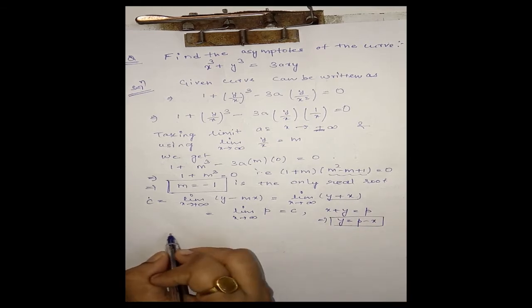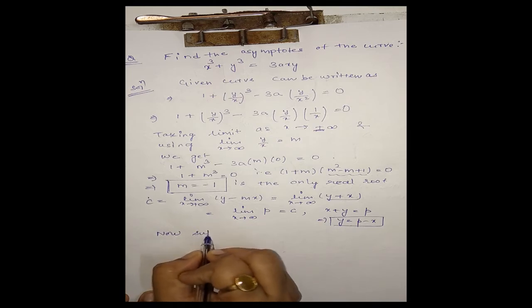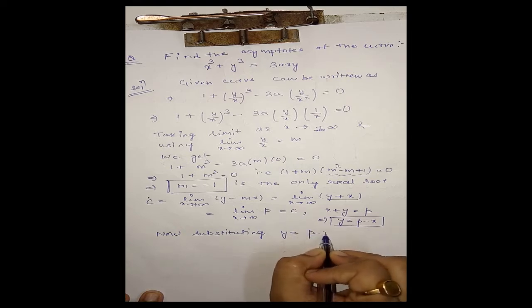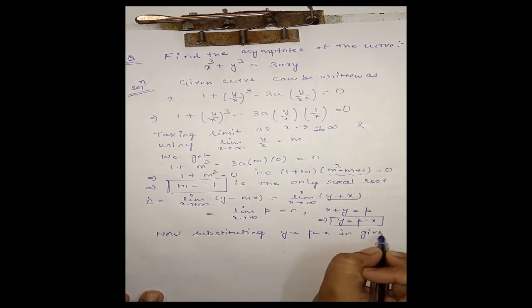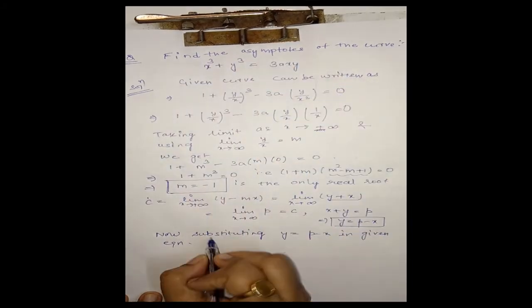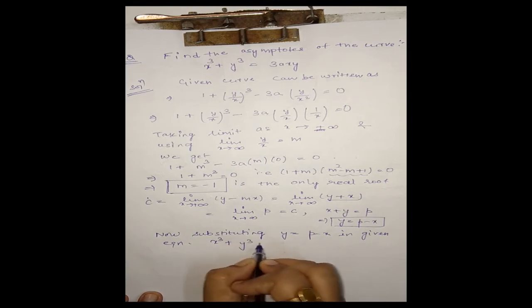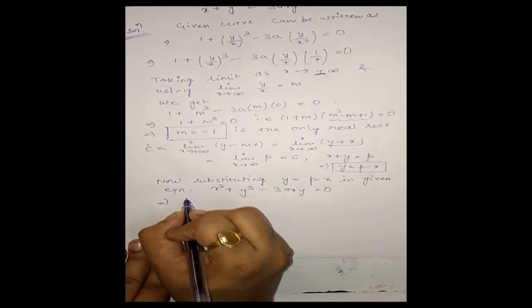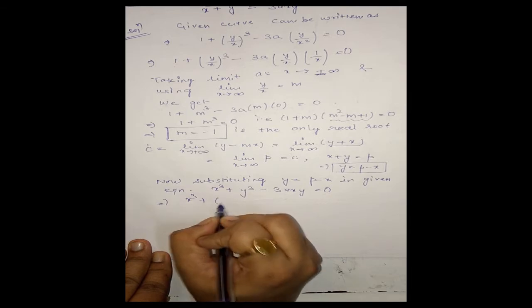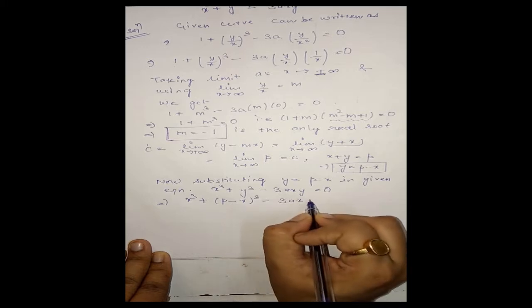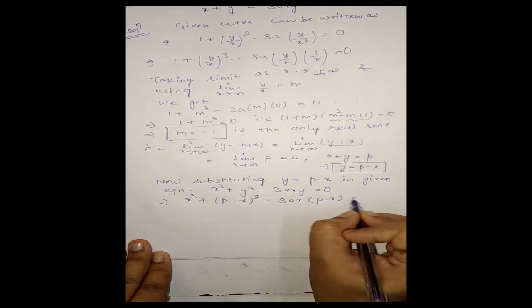Now substituting y is equal to p minus x in the given equation x cube plus y cube minus 3axy is equal to 0, then we get x cube plus (p minus x) whole cube minus 3ax into (p minus x) is equal to 0.